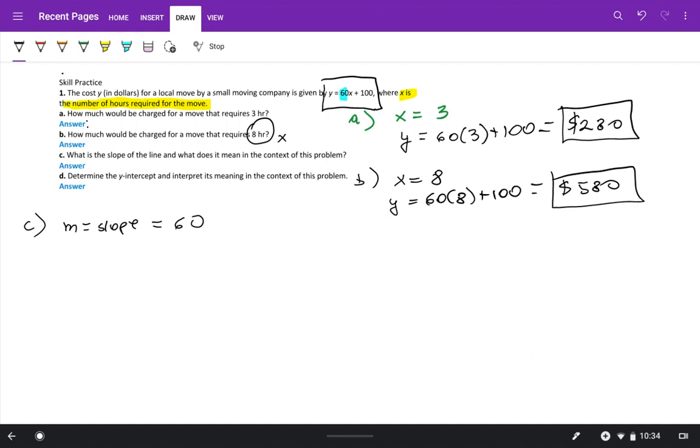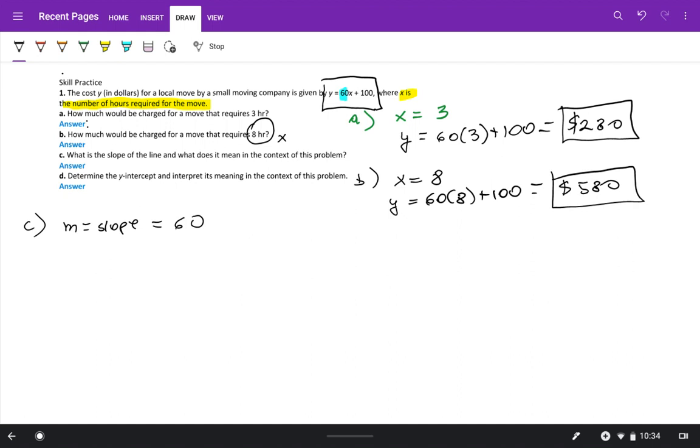So 60 is the coefficient in front of x, and x represents the number of hours required for the move. So 60 means that the moving company charges $60 per hour.